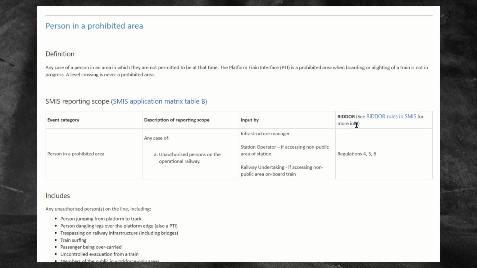Also, in terms of RIDDOR, there are no associated RIDDOR dangerous occurrences in relation to person in prohibited area, except for the common regulations 4, 5, and 6, which can be reported on all sub-event forms and relate to persons being injured.